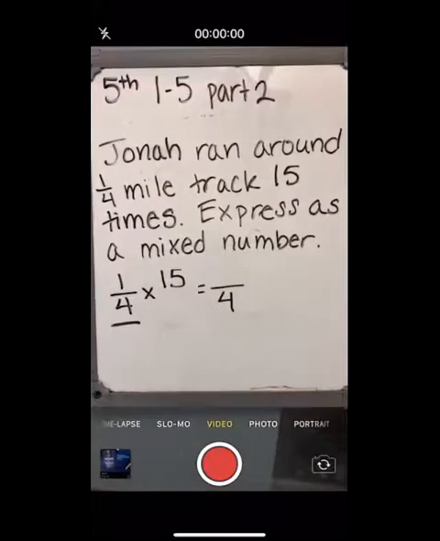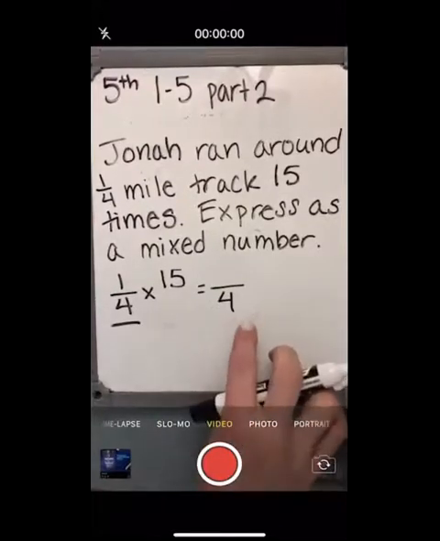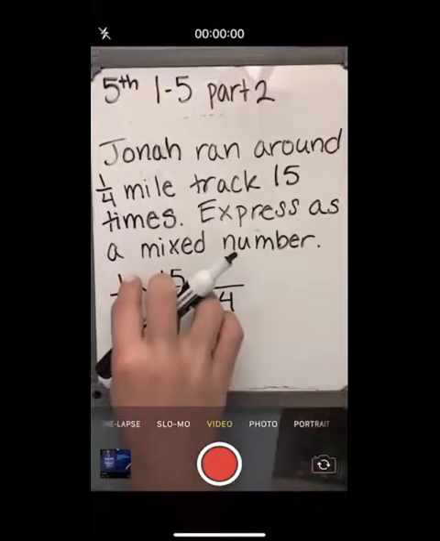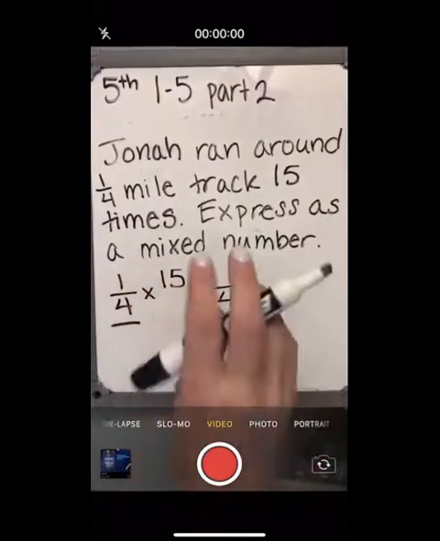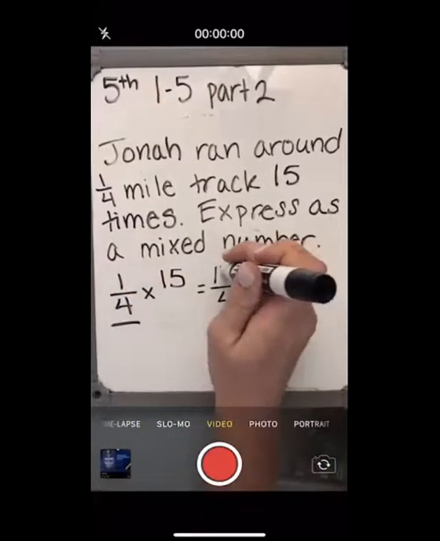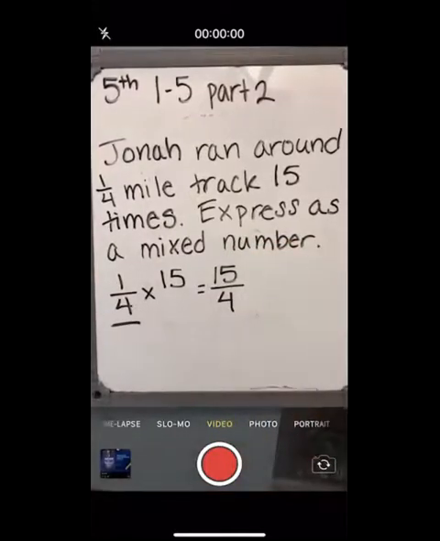We're not all of a sudden working in 60ths. We're still working in fourths. 1 lap is 1/4 of a mile times 15. He ran 15/4 laps. Okay, well that doesn't really help me. I have no idea what that means, but I can go to a mixed number now.